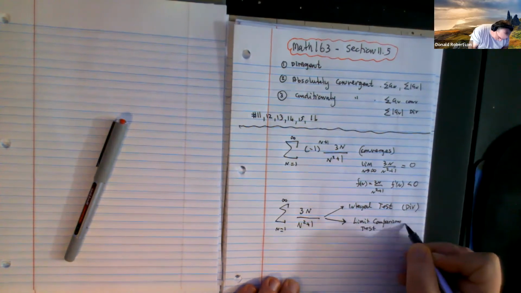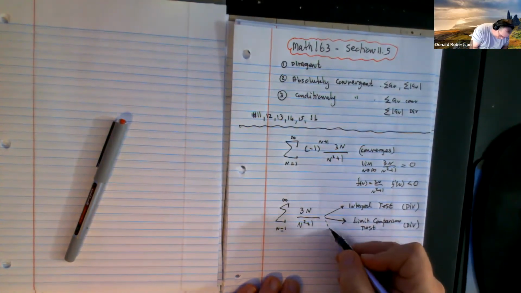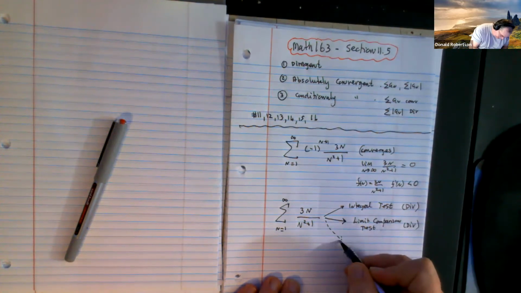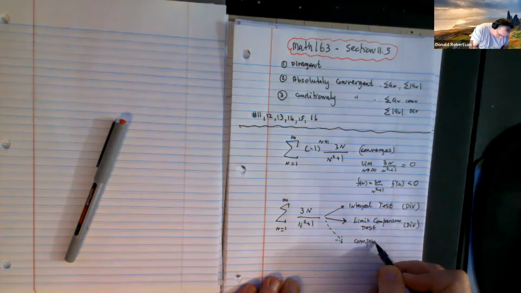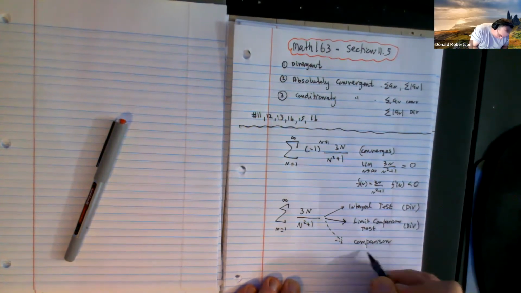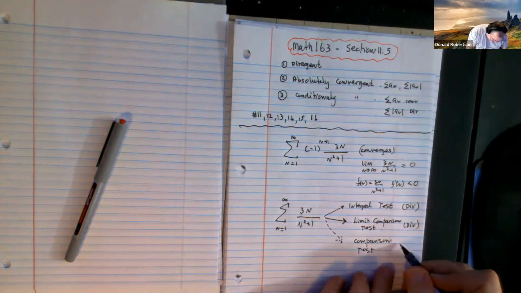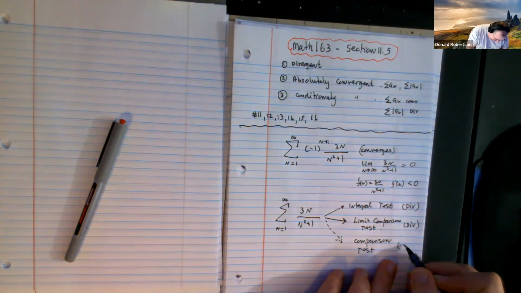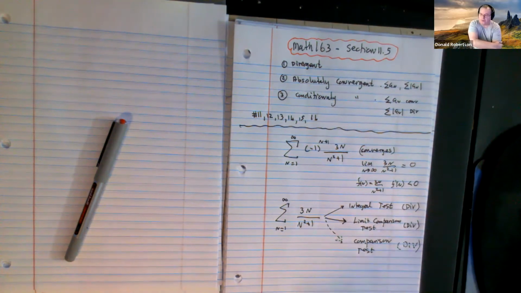And if I did, I would prove that it diverges. Technically speaking, I could do what's called the comparison test. But I definitely wouldn't. And if I did manage to do it correctly, which is kind of hit and miss, I would also prove it's divergent.